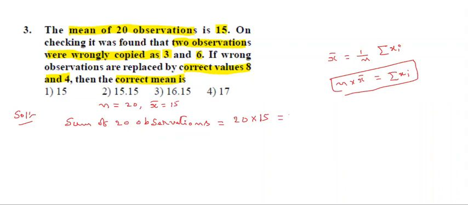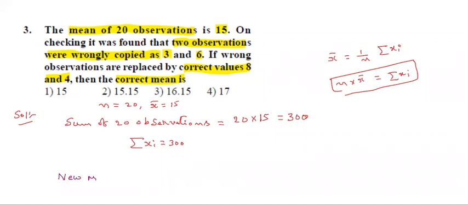Now how much is this? 300. So this is the total sum of the observations, sigma xi, and that value should be 300. But out of these observations, 2 are wrong. Now I am going to find the new mean.